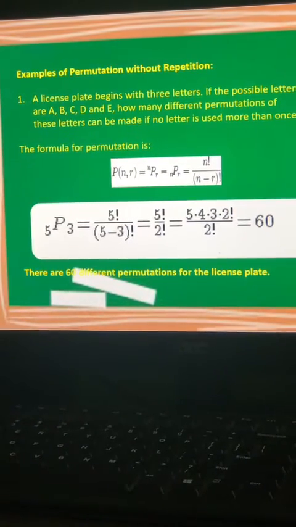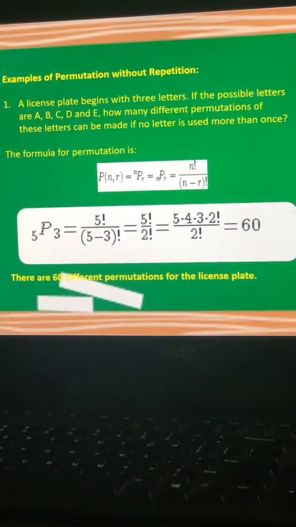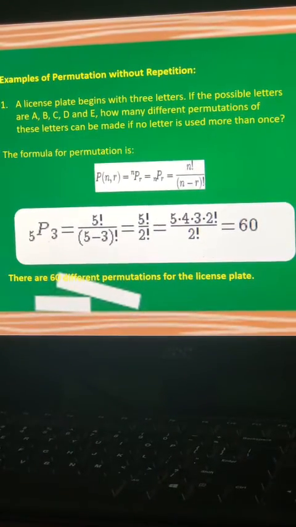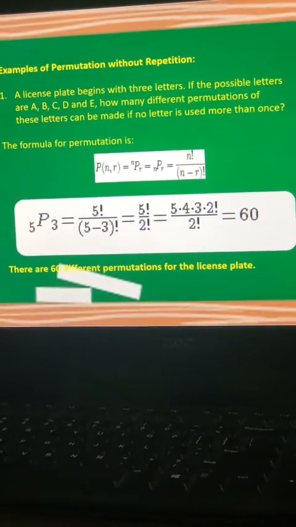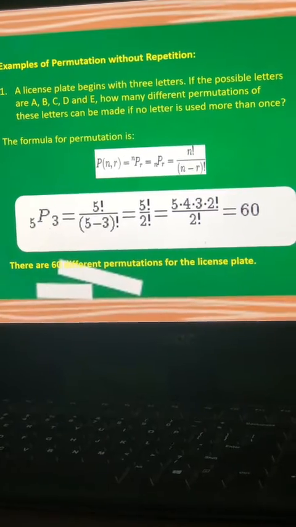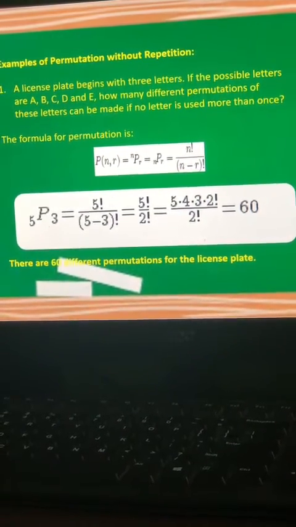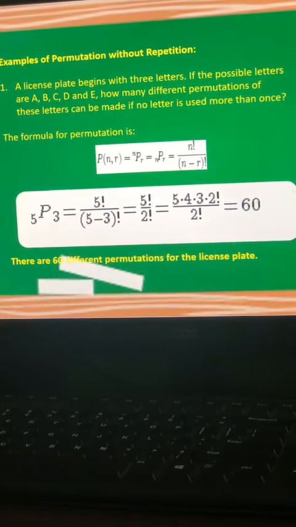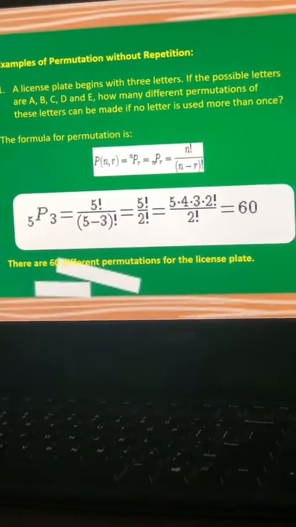To solve for it, 5P3 equals 5 factorial over 5 minus 3 factorial, equals 5 factorial over 2 factorial, is equal to 5 times 4 times 3 times 2 factorial over 2 factorial, is equal to 60. Therefore, there are 60 different permutations for the license plate.